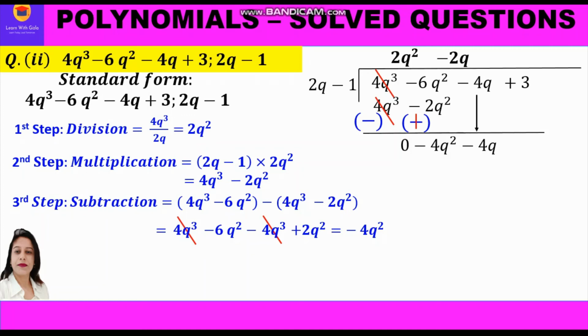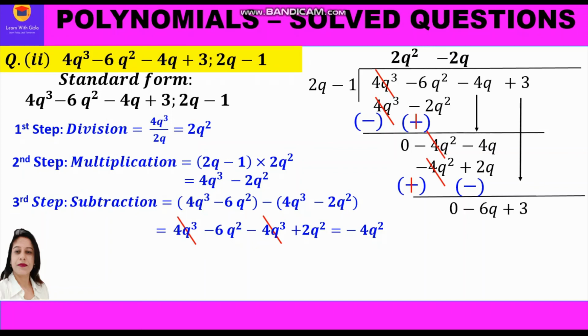We shall multiply the divisor with this new quotient, that is minus 2q into 2q minus 1, and we shall get the product minus 4q square plus 2q. Further we shall put a minus sign below the product and change the signs. So minus will become plus and plus will become minus. Now minus 4q square will cancel with plus 4q square, and from minus 4q and minus 2q we will get minus 6q, and further we shall bring down plus 3.